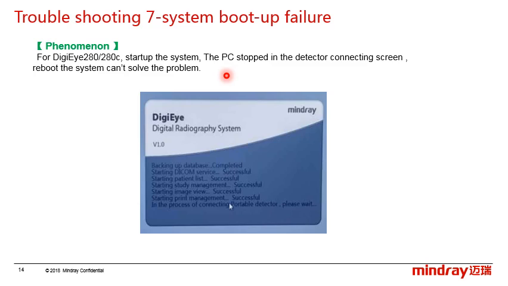The next typical case is the system boot up failure. When we start up the system, the PC is stuck in the detector connecting screen, like the picture shows, and rebooting the system cannot solve the problem. So how can we handle it?